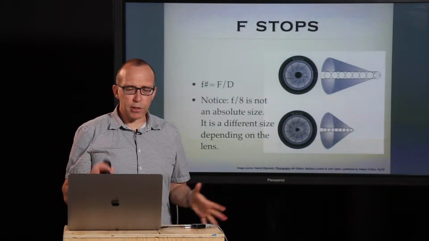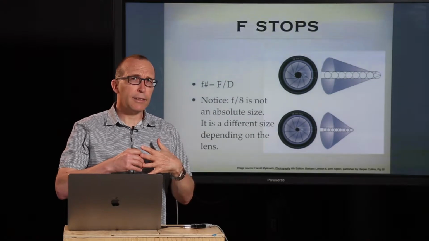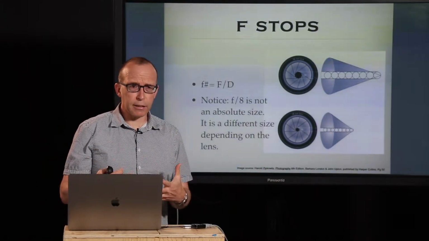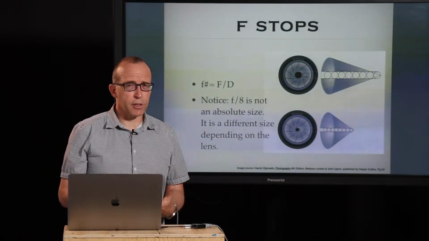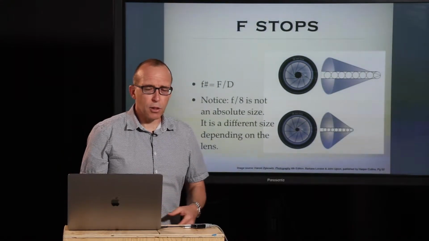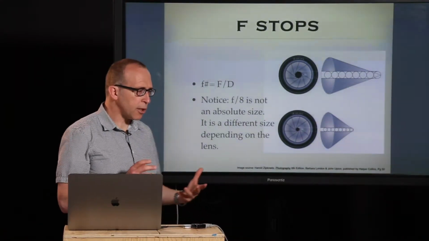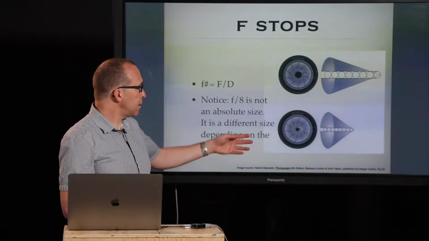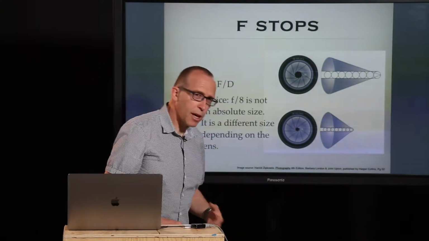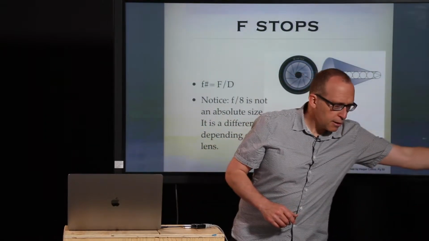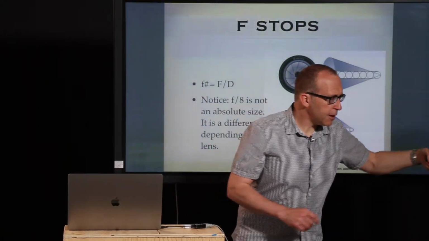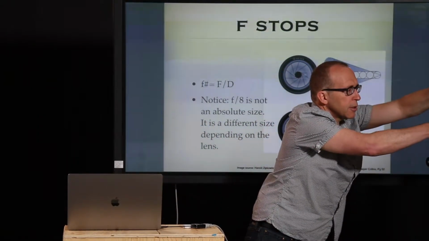So here's another concept I just want to show you. Again, part of my lesson today is based on questions that I've received from some students. One student noticed that, hey, when I start comparing lenses, f8 is not the same size on both lenses. f11 is not the same size on 2 different lenses.